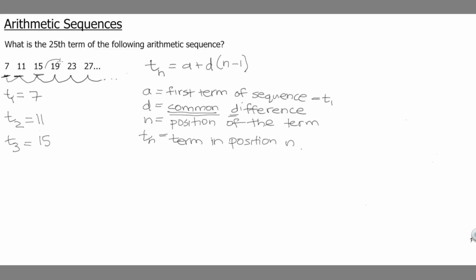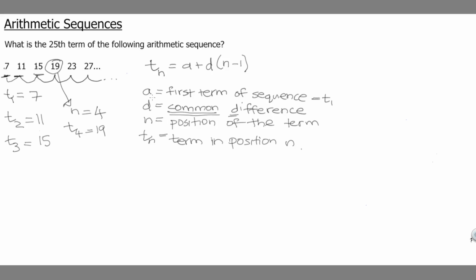Let's say we take the number 19. The number 19 is in the 4th position. 7 is the first term, then 11, 15 is the third term, and 19 is the 4th term. So the n for 19 is 4. The actual term itself, T4, is the number 19. So the n refers to the position number 4, and T refers to the actual number that you see in the sequence, the number 19.